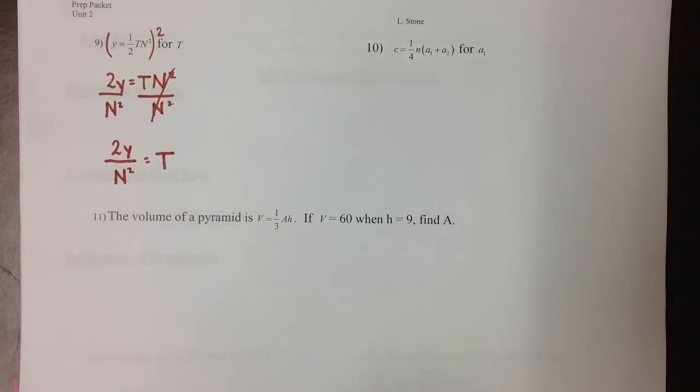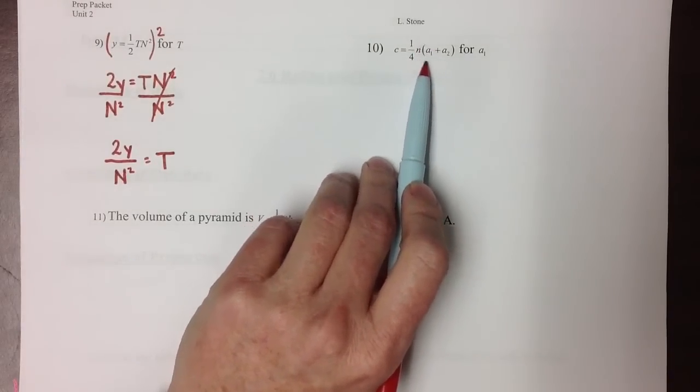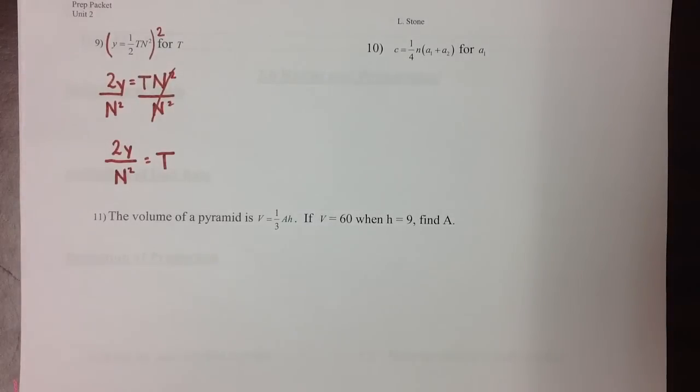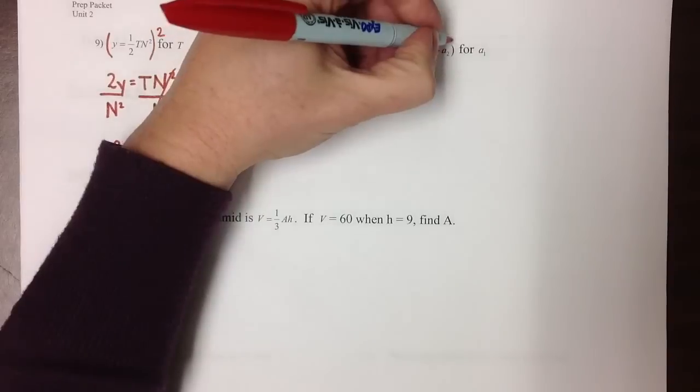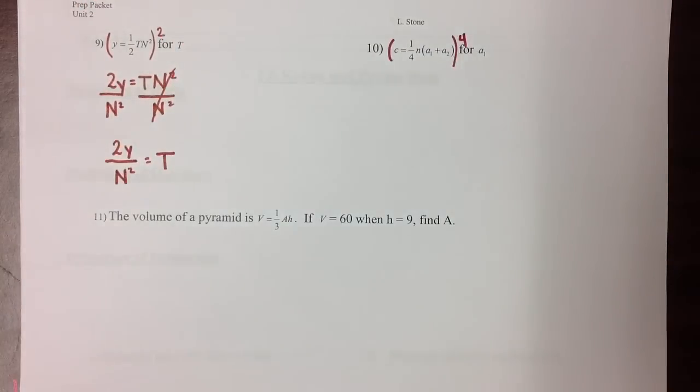One final example. C is equal to 1/4 n times the quantity a1 plus a2. Again, I'm going to choose to clear the fractions first so that I don't have to distribute them.